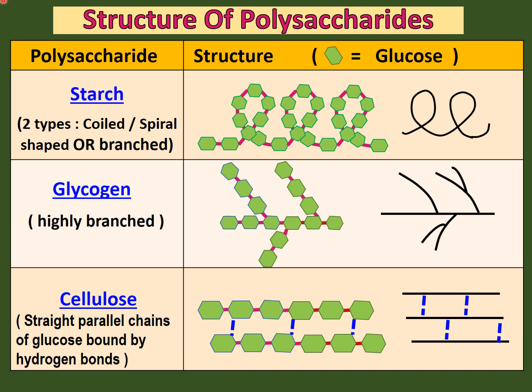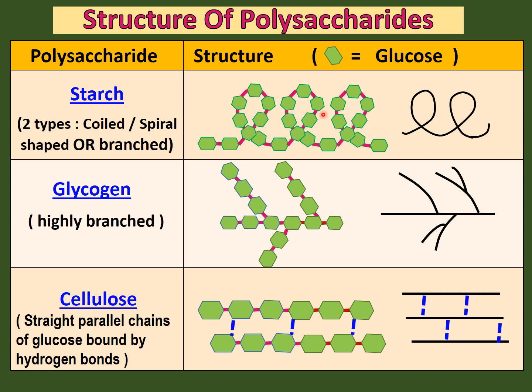Let us look at the structure of the polysaccharides to see the differences between starch, glycogen, and cellulose. All these three polysaccharides are made up of glucose monomers, but their structures are all different. For starch, there are actually two forms, and we're going to look at the one that has the coiled or spiral structure.